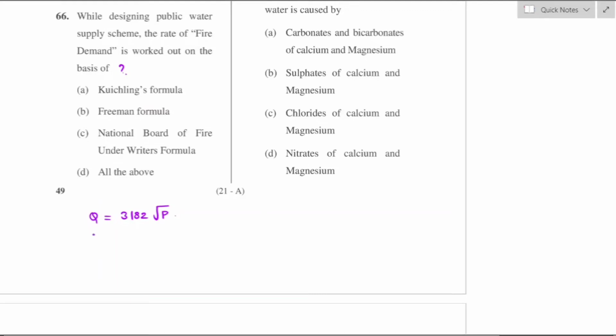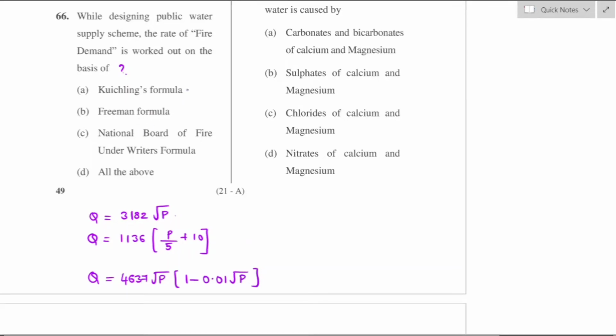It is based on Freeman formula, which is given by 1136 into (P by 5 plus 10), where P is the population in 1000, and the National Board of Fire Underwriters formula is given by 4637 into square root of P into (1 minus 0.01 square root of P), where P is the population in 1000.